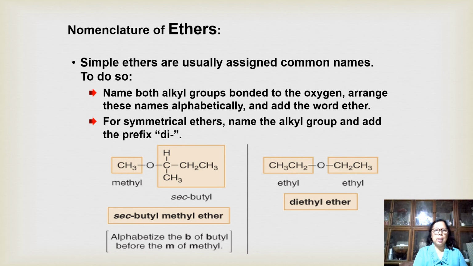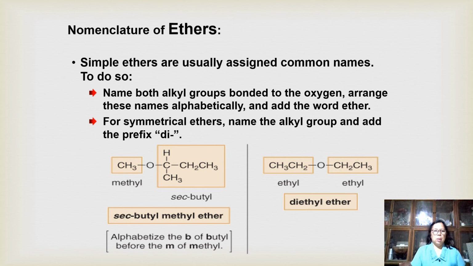So in this example, you have here this is the R, this is the O, and that is the R. I hope you can still recall your basic formula for ether. Here is the R, this is the O, and this is the R. So this is an example of symmetric ether. This is asymmetric ether.